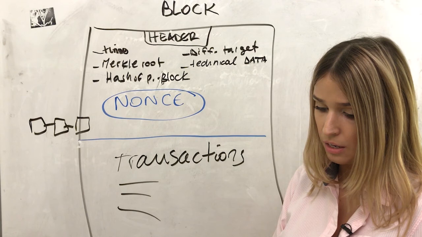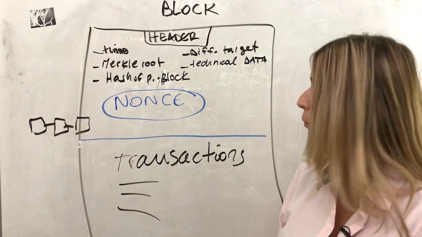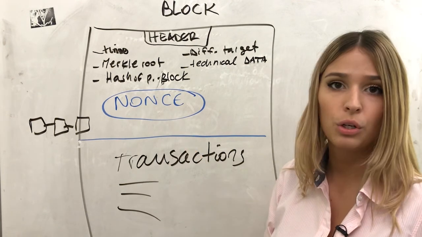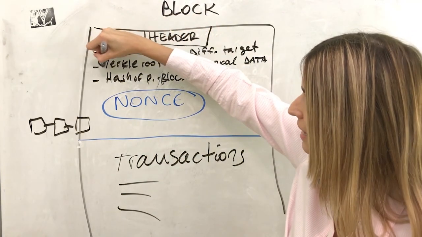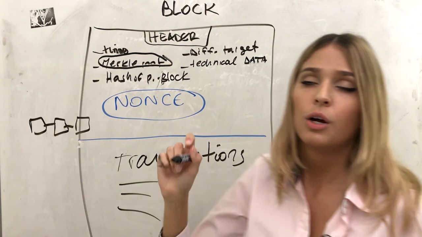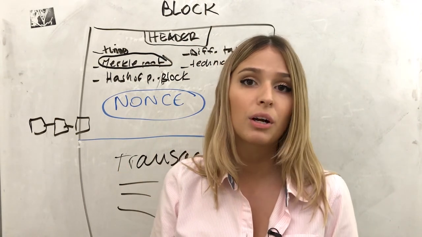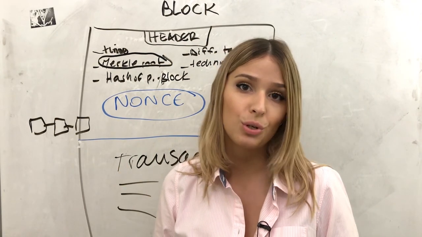All right? So my friend, the first thing that you are going to learn is this. What is a Merkle root and what is a Merkle tree, and why you need to know this information.